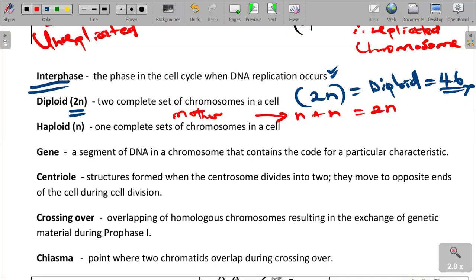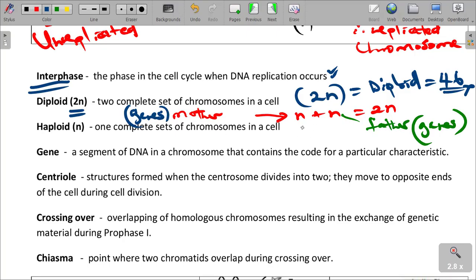and then we have got the other n, which is coming from the father side. So now we have got the genes of the father, we have got the genes of the mother as well. So what are we saying?